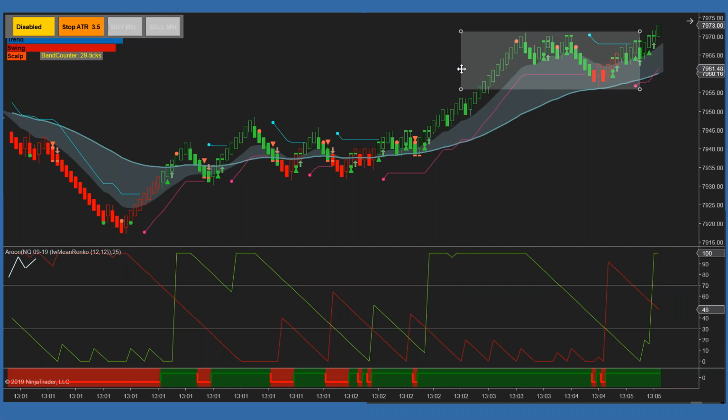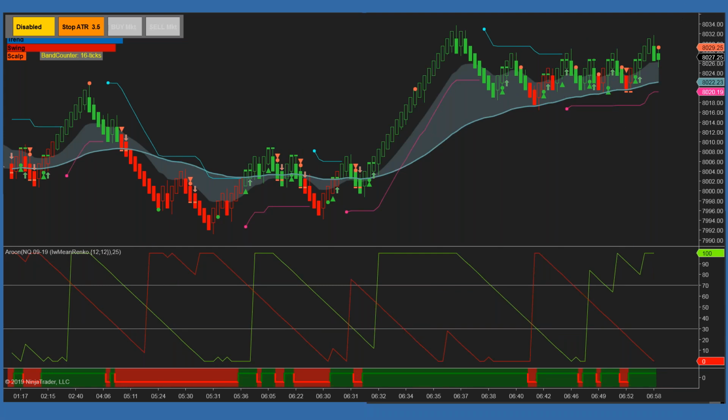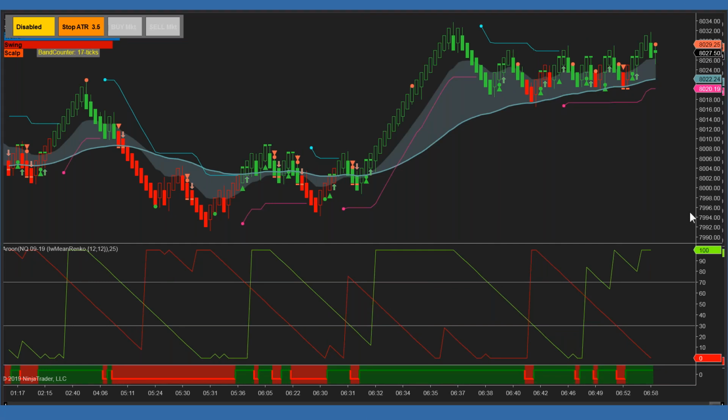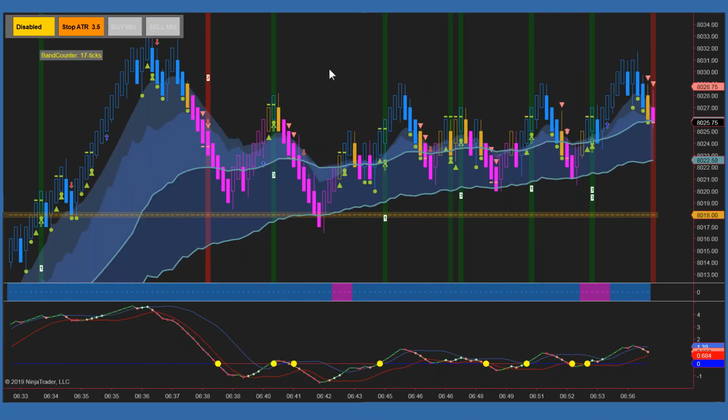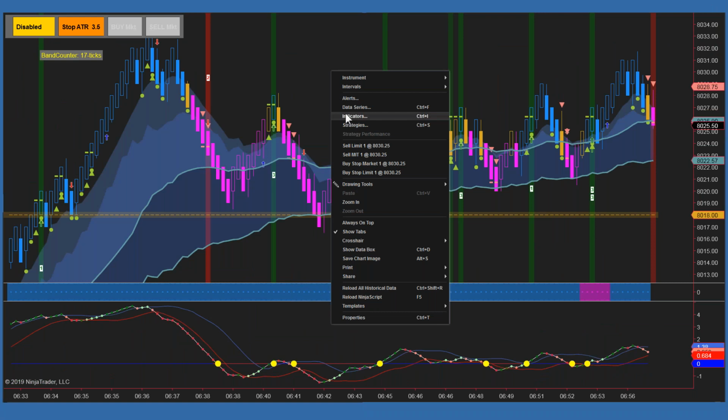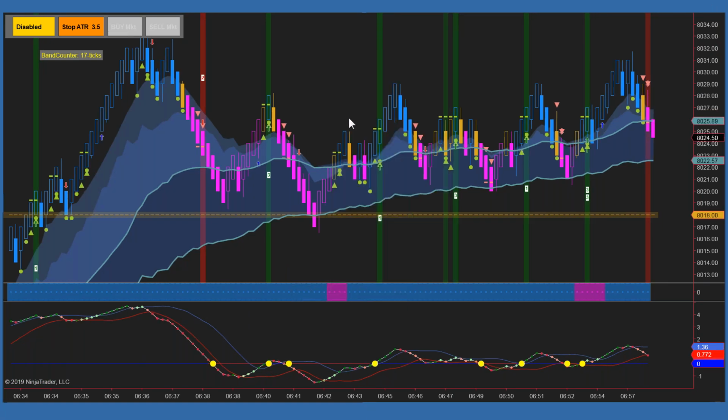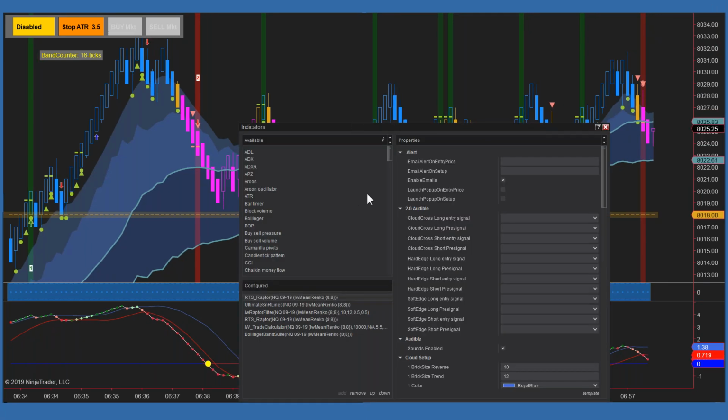Actually, before we leave this entirely, let's see how it plays out on something a little bit faster, maybe on the Raptor. It's looking like it's a good day to be doing this because the market's all over the place.